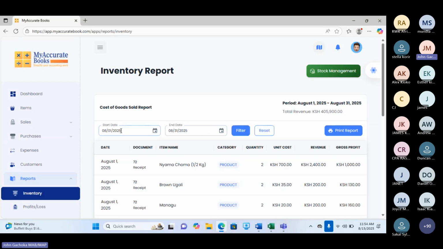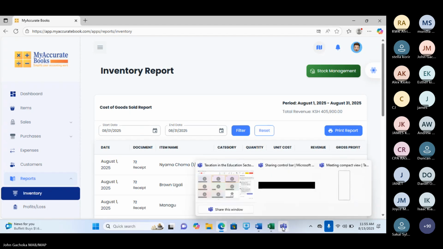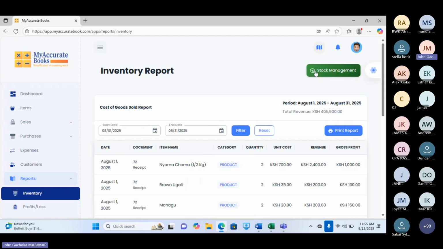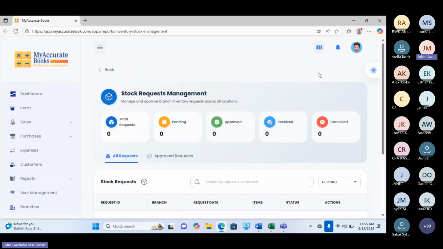This one is from 1st of this month until 31st. There is also the stock management aspect of the system.